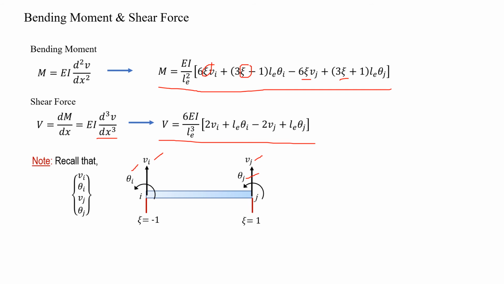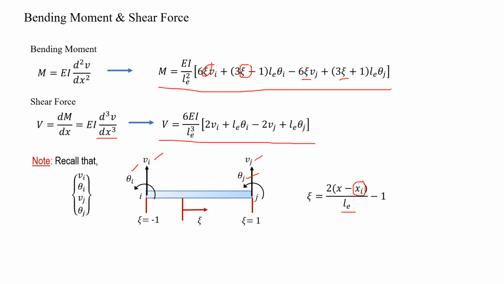In between, from x equal to 0 until x equal to L, zeta can be defined by using this equation. Le is the length of the element, which is known. Xi is the value of x at the beginning, so in one element x always starts from 0.